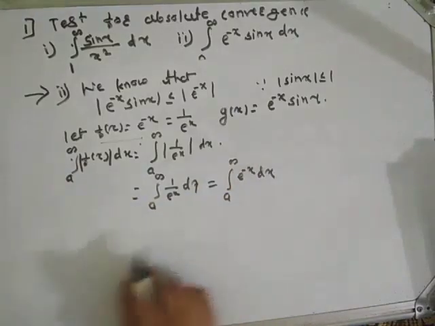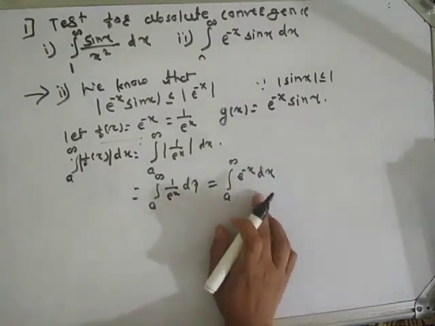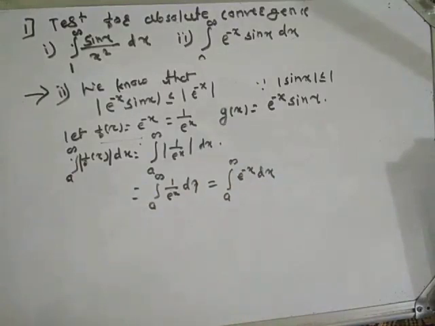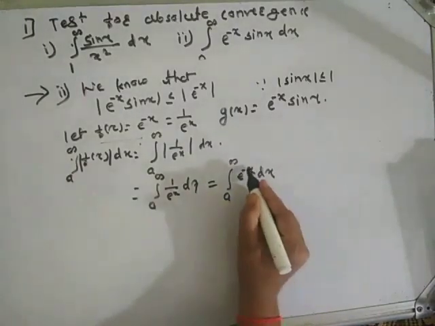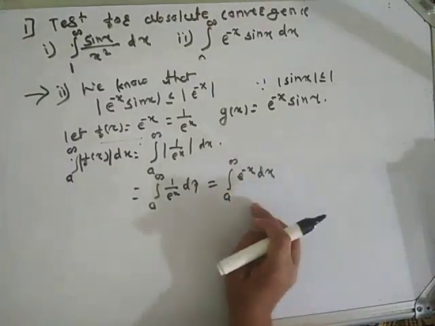In the previous video, we have seen one note that here alpha is equal to 1, which is greater than 0.